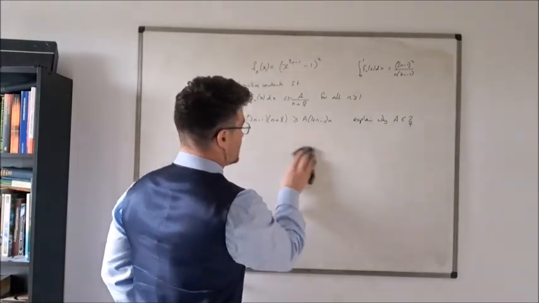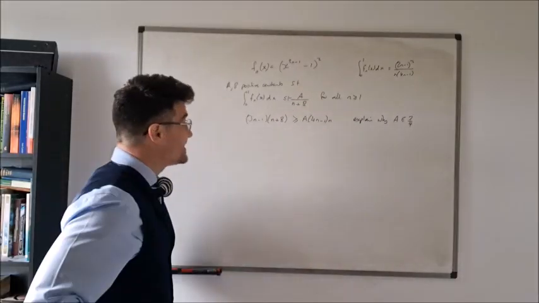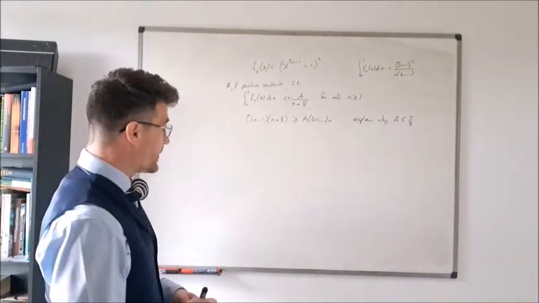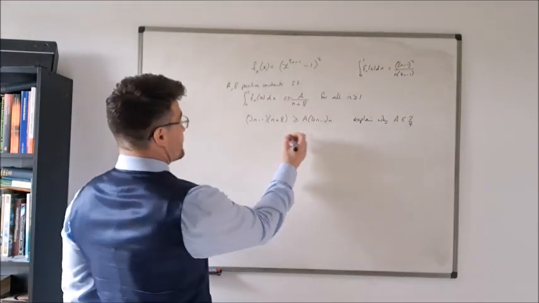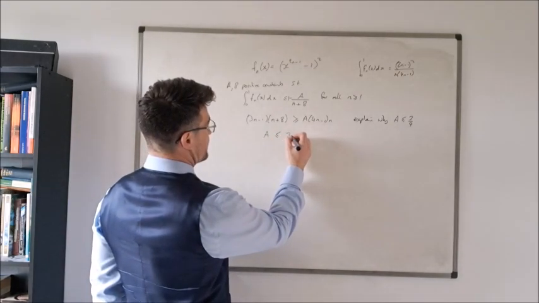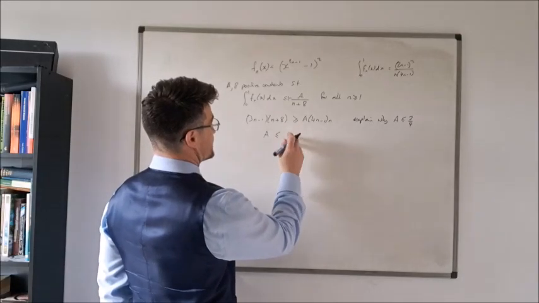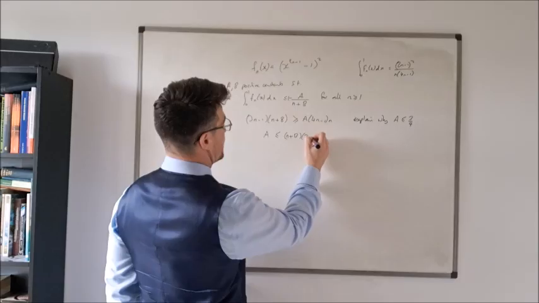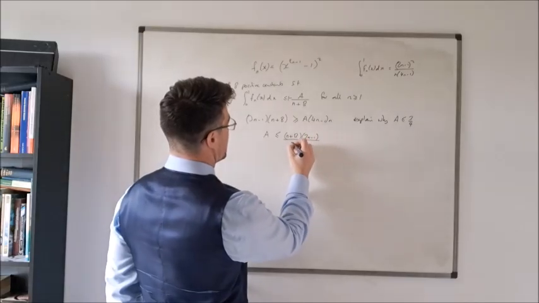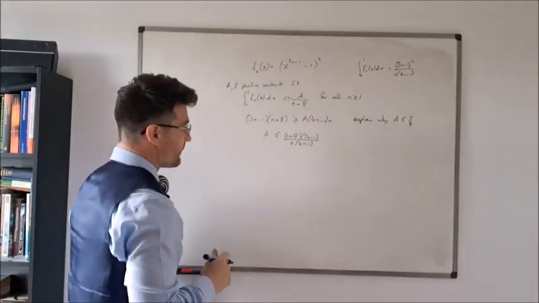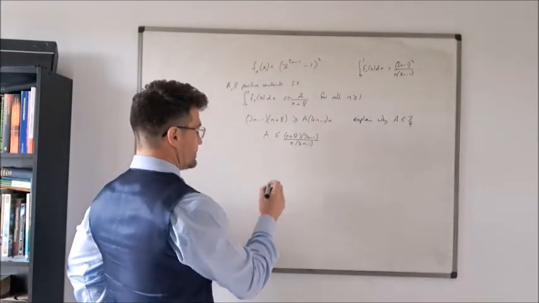So what I did was, really because I couldn't think of anything else to do and I just wanted to get going, I rearranged this so that we've got a is less than or equal to (3n minus 1) over n times (4n minus 1), times (n plus b).